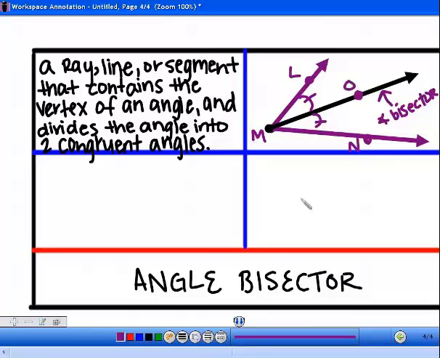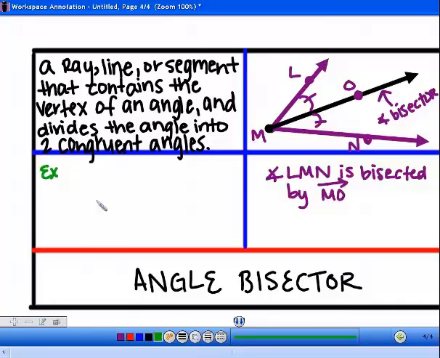L, M, N, O. So if we read this, it would read that angle LMN, that's our original angle, is bisected by ray MO. And remember, when you're naming rays, you have to start with your endpoint, and then the symbol goes in that direction.